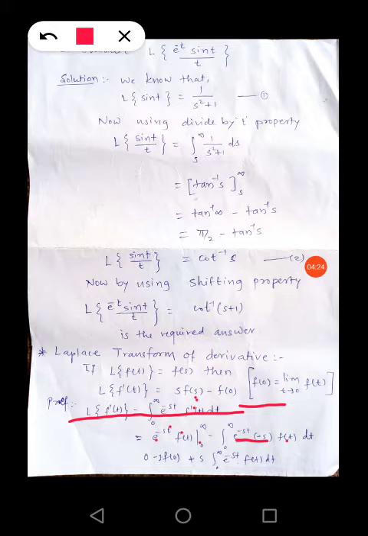Minus the lower limit, e raised to minus 0 is 1, so we get minus 1 into f of 0. Minus into minus s is plus s into the integral from 0 to infinity of e raised to minus st f of t dt. The remaining things are as they are.